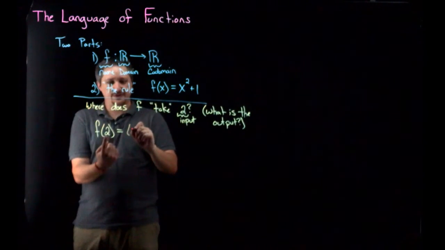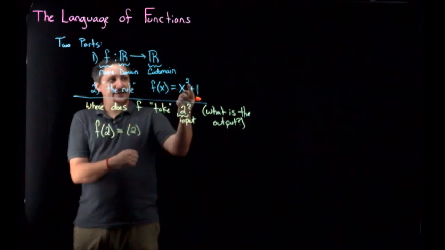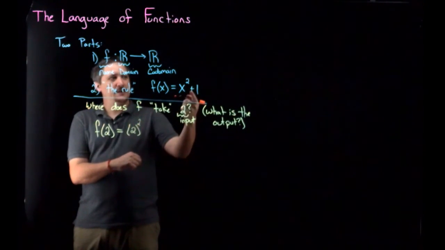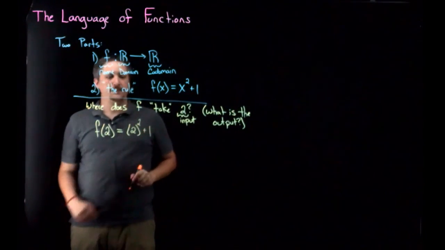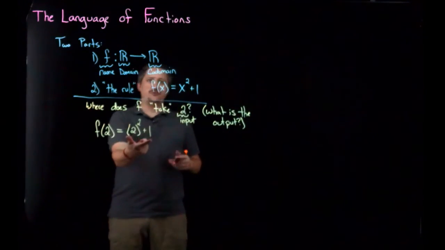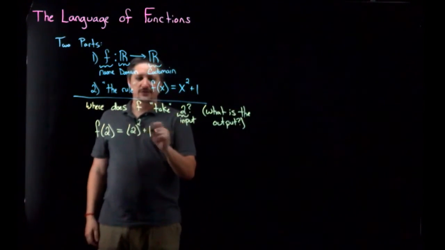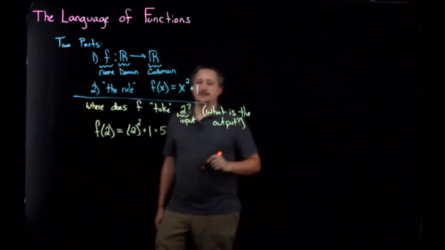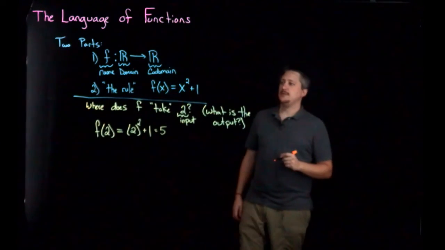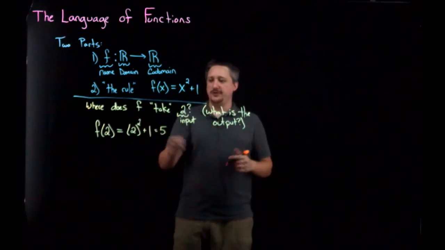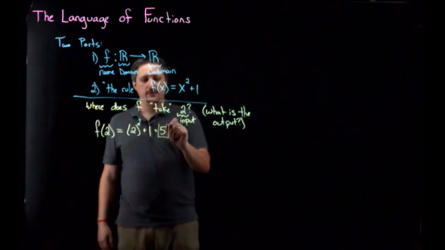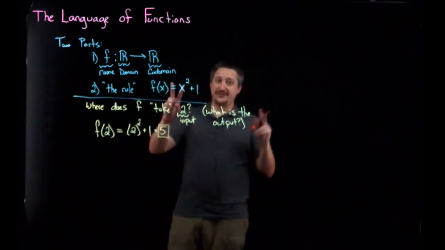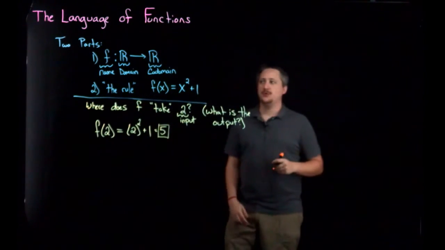So my input is 2, and then it squares that, and then it adds 1. But now this is just arithmetic. I can solve this. 2 squared is 4 plus 1, so that's just 5. So in that case, the output is 5. That's where f takes 2.